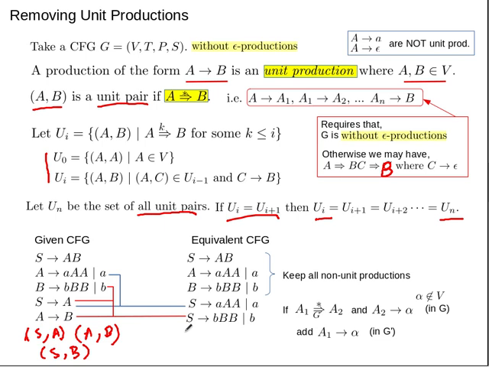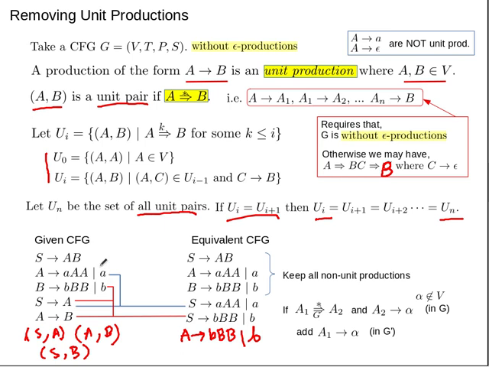So we will also have to add this production. So A goes to these two things, this B, BB, and then this B. Okay. I should have put it here, but anyway.